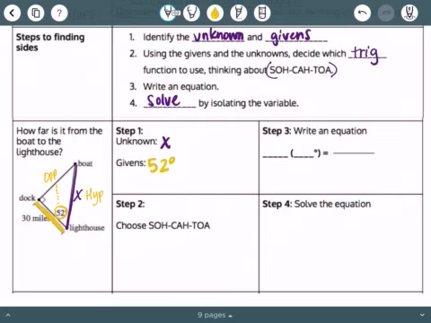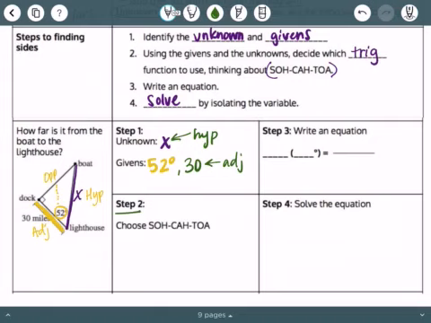And the side that's left over is my adjacent. This is going to help me to identify what x is and what 30 is. In this case, I know that x is my hypotenuse. They also give me the number 30, and I know from labeling it that that's the adjacent.